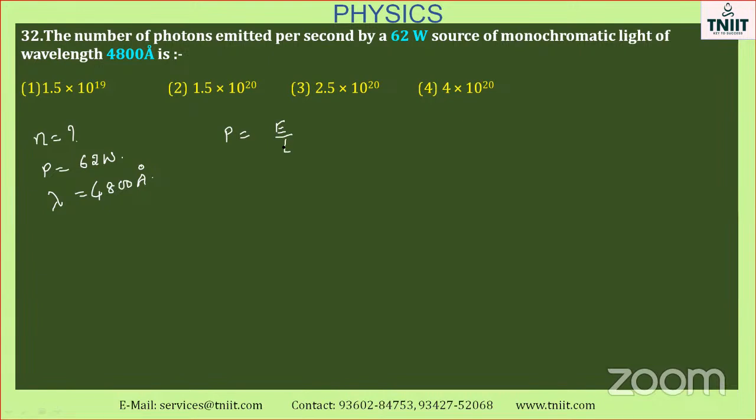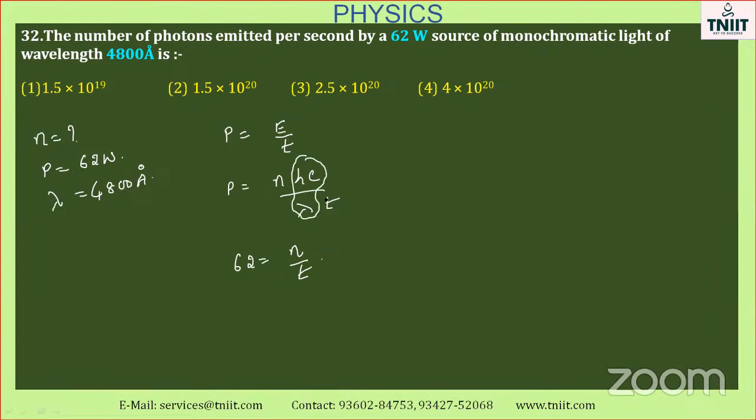Power is energy by time. Energy is Hc by lambda. If there are n photons, then it is n times Hc by lambda. Correct, no? Power is 62. I'll keep n by t as it is.